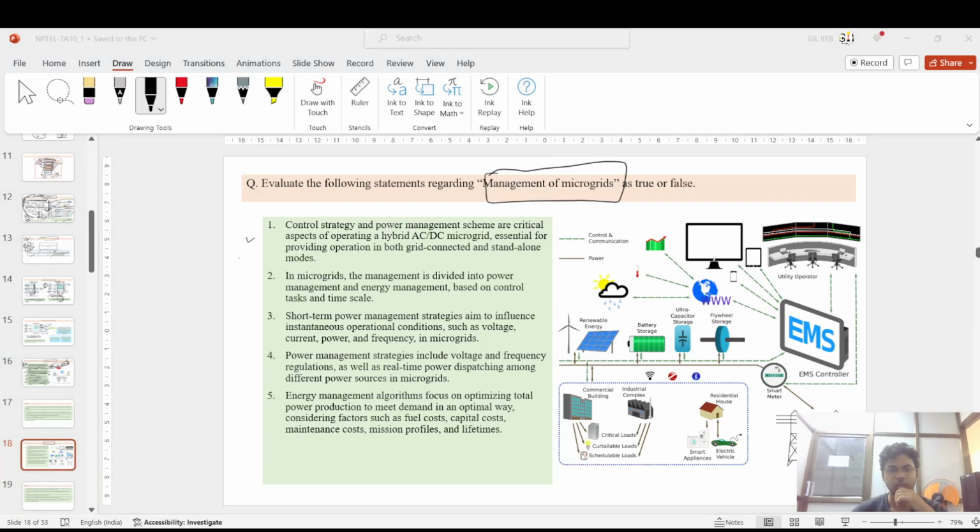Anybody got the first statement answer? Is it true or false? Last 1 minute.